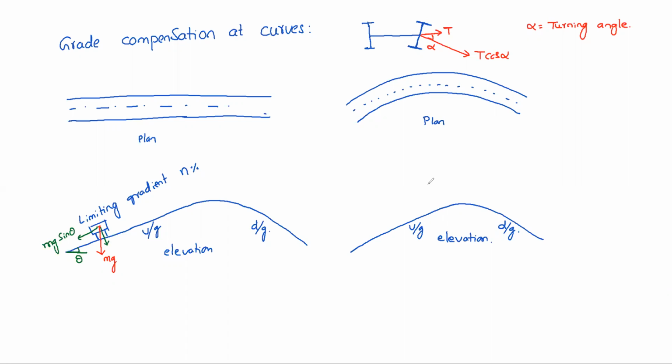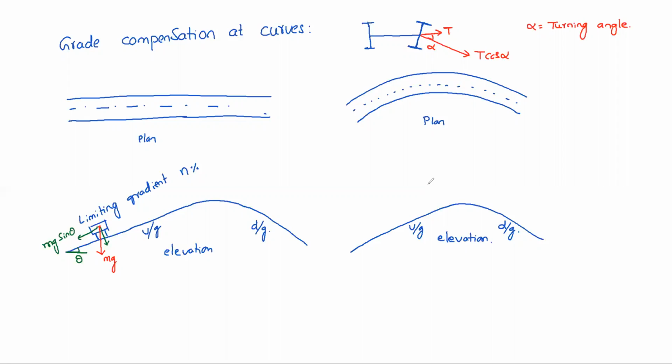Again, tractive effort is decreasing from T to T cos alpha. So we need to decrease the gradient at curves. That is called grade compensation.